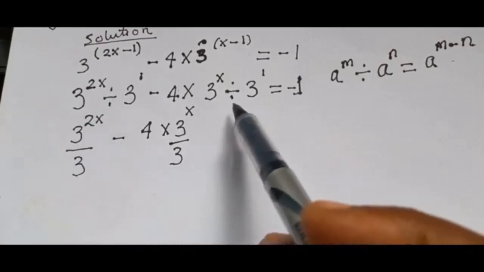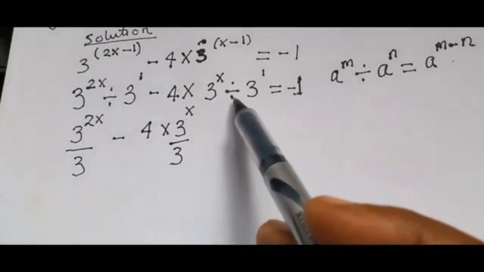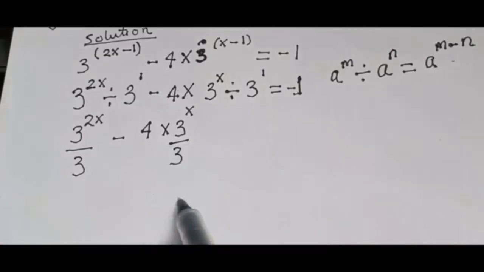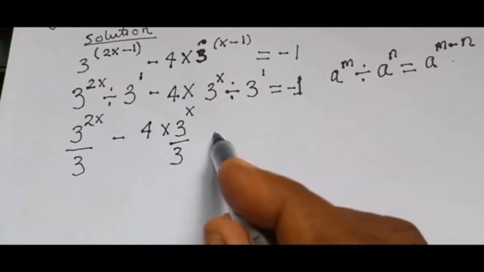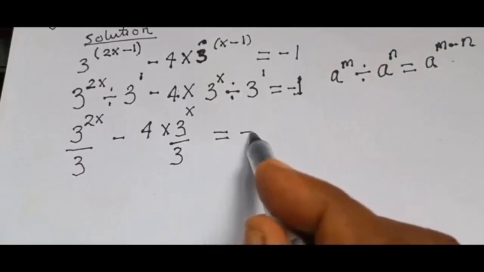The same applies here. Instead of writing this sign, we have written over, which is the same as divide by.